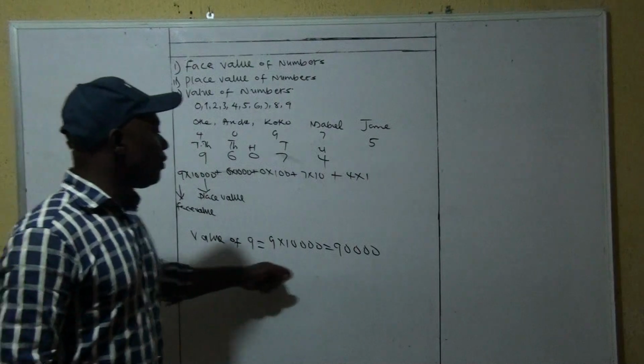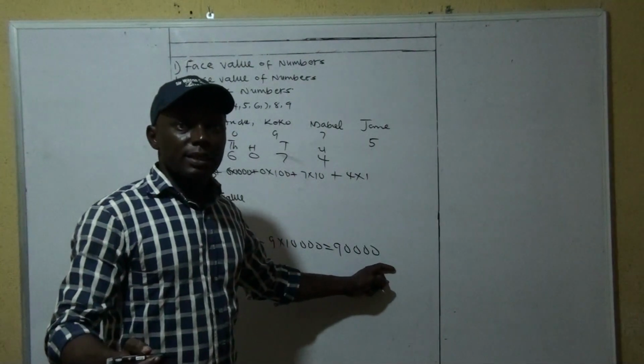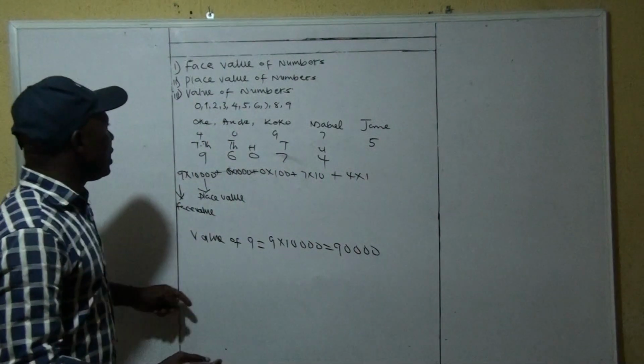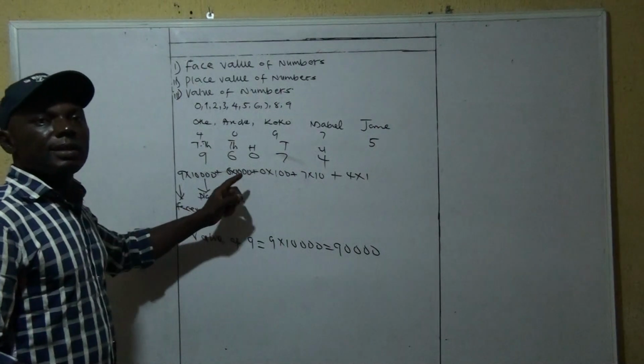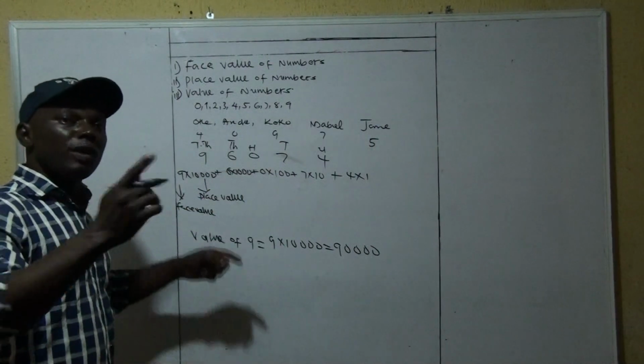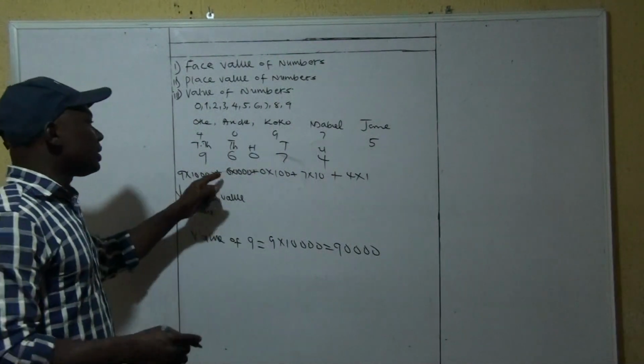That is the meaning of the value of 9 there. You see the difference? Then if you say what is the value of 6? 6 times 1,000, which gives 6,000.